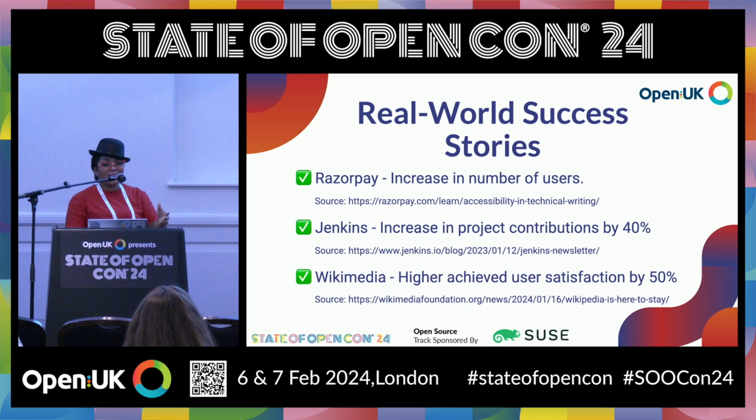Jenkins, an organization that is close to my heart and that I also contribute to, recorded a 40% increase in project contributions when they started to work on improving their documentation and making it more accessible. And then Wikimedia also recorded a 50% increase in user satisfaction when they started to work on making their documentation more accessible.